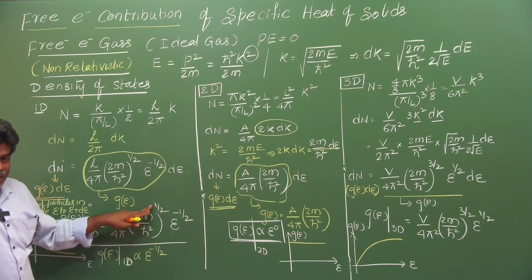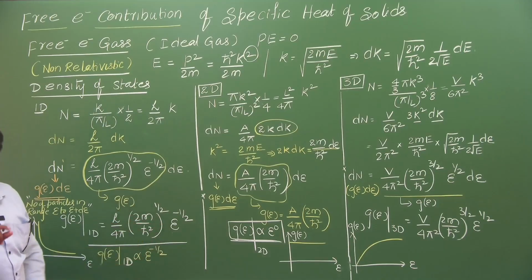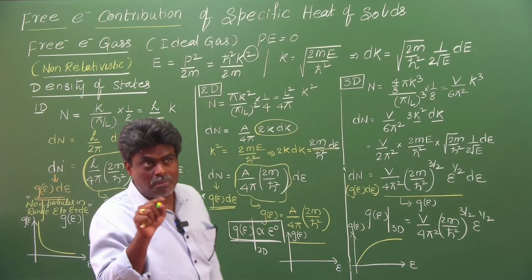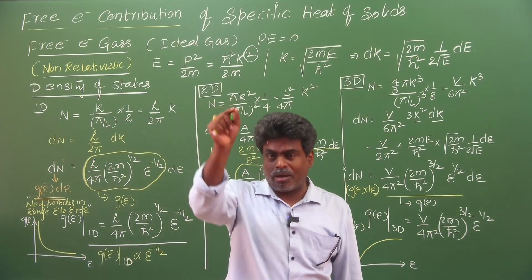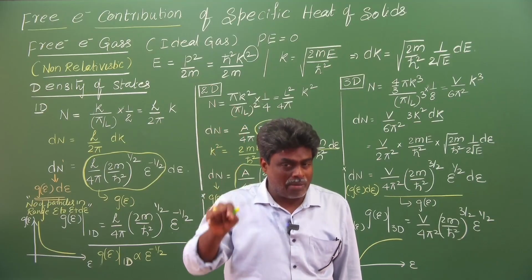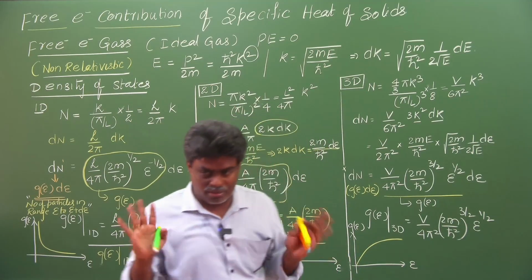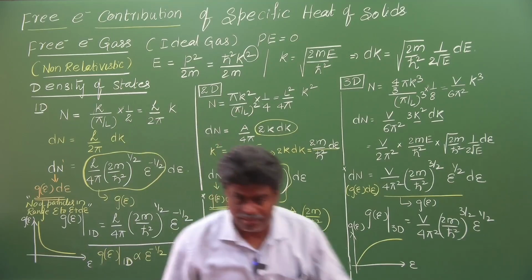So whenever you forget, it is 2m by h cross square whole power, dimension by 2. If you forget, remember this. Ready? Very important.